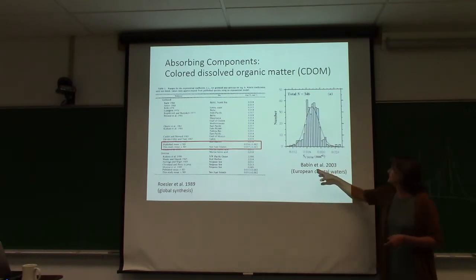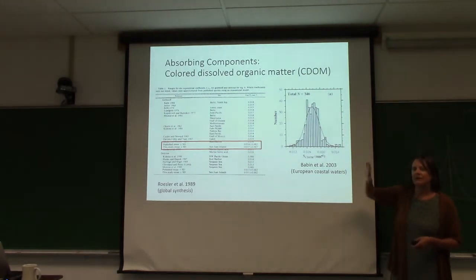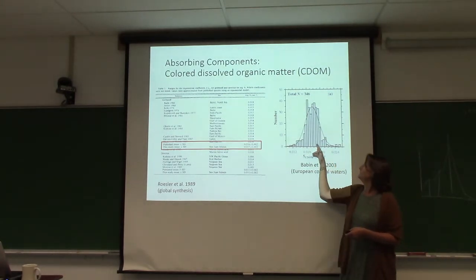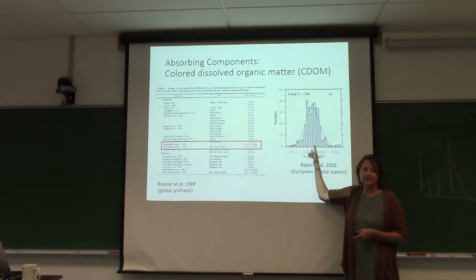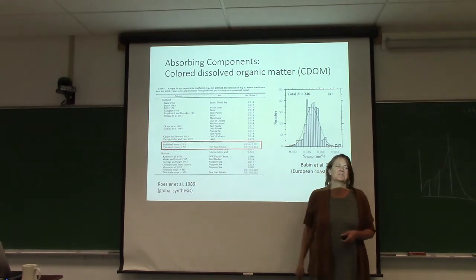In 2003, Marcel Babin went around the European coastal waters and collected 346 samples, determined the spectral slope of the CDOM for all of those waters, did a histogram, and it turns out they're exactly the same within the uncertainty that we both published.